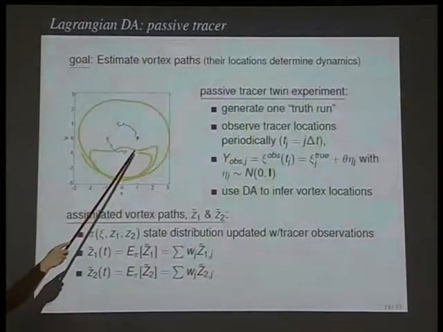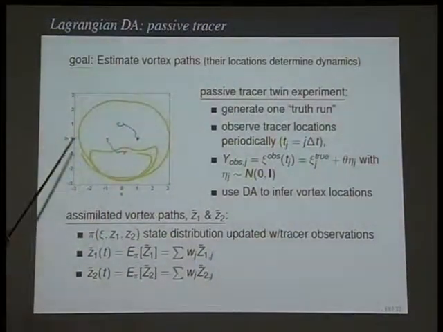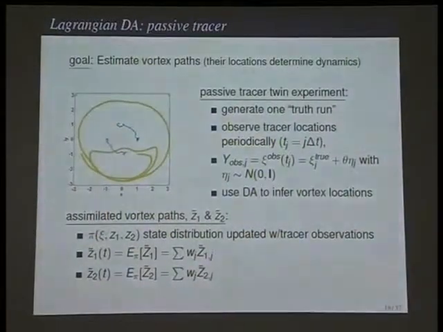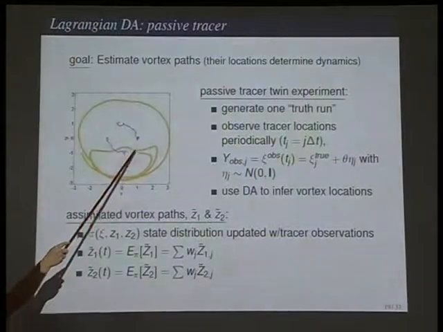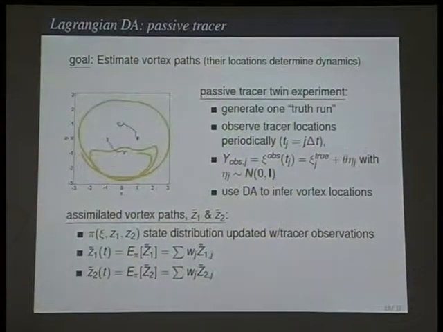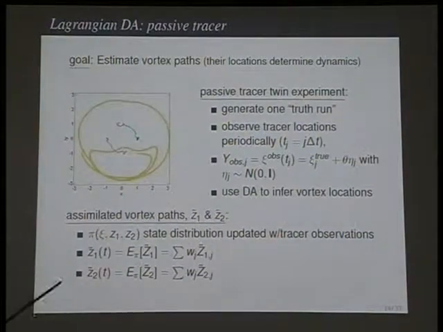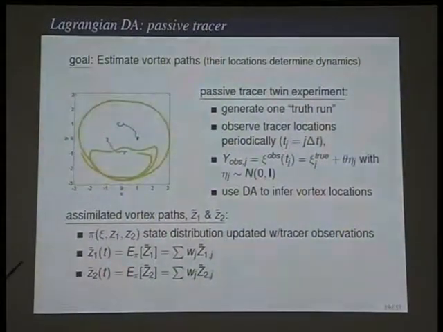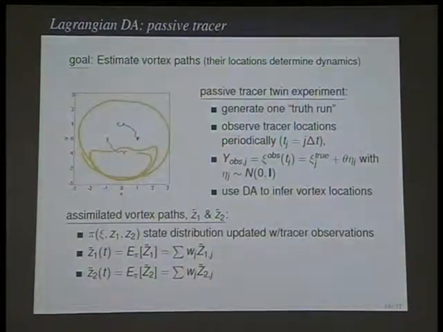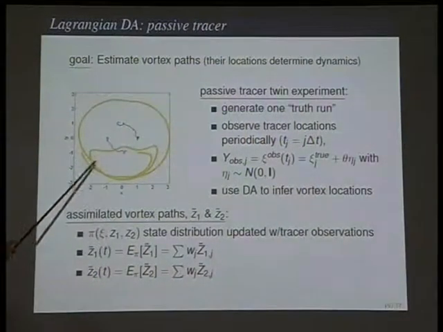And we'll observe it just periodically in time. So here's the whole time picture of one passive tracer. We would pick off a few elements at observation times, and those would be the truth plus some noise. And from those passive tracers, we'd like to infer the paths that the vortices took.